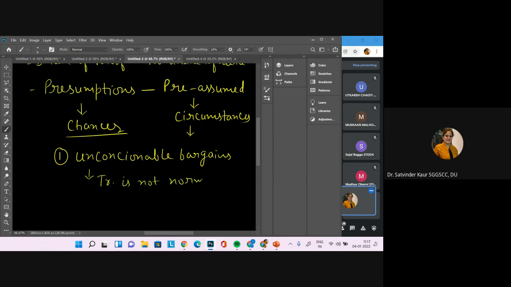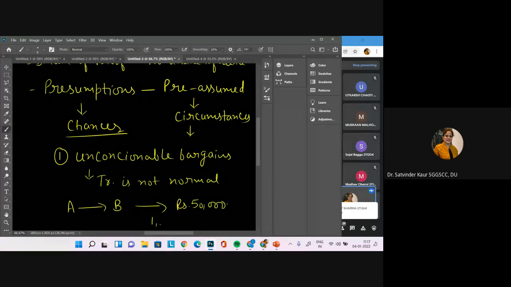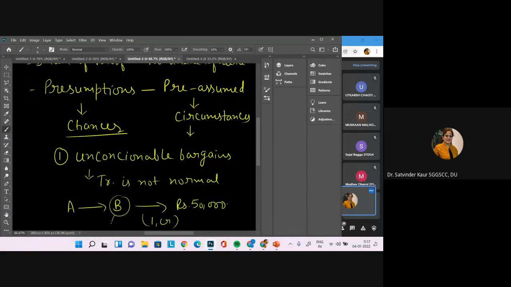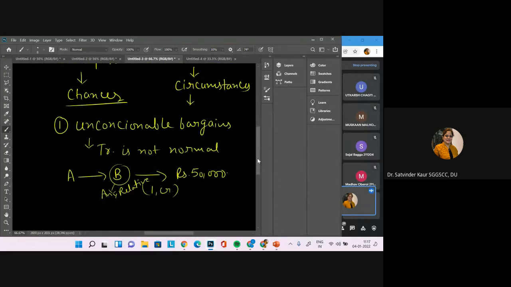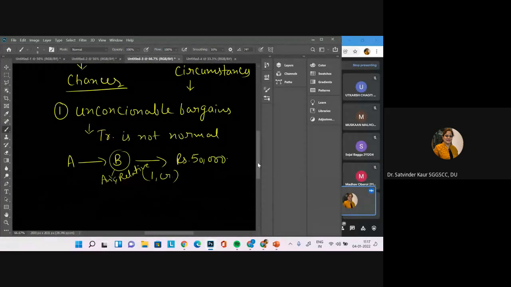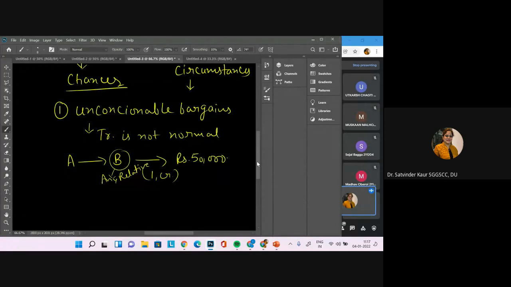For example, A has transferred his property in the name of B for rupees 50,000, and the value of the property is 1 crore, right? And B is not any relative, right? There is no relation as such that he has transferred it as a gift or as a token to the other person.